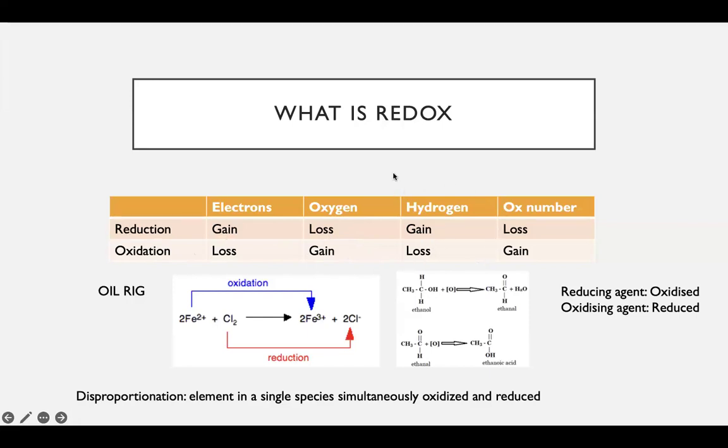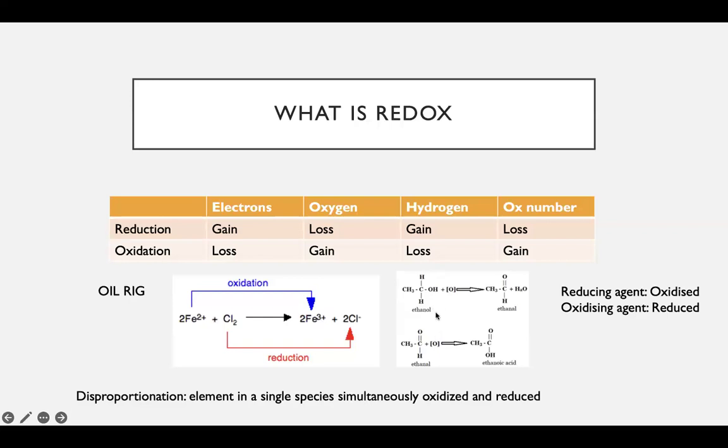I've included hydrogen as well here because this is a bit more advanced than the other two. When you're looking at organic chemistry and redox reactions, it can be a helpful way of considering what's been reduced and what's been oxidized by looking at hydrogens. It's the opposite of oxygen, basically. A species that gains hydrogens can be referred to as reduced, and a species that loses hydrogens can be referred to as oxidized.